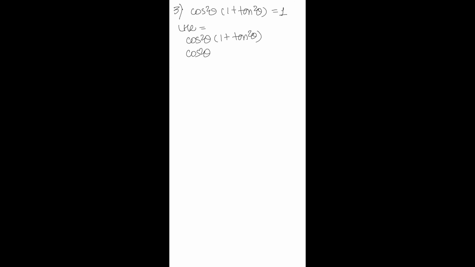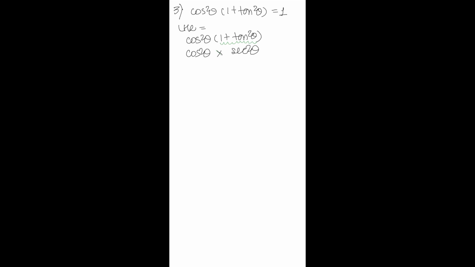Now 1 plus tan square theta. Once again, you can see the sheet if the formula is not clear. See the second identity: sec square theta is equal to 1 plus tan square theta. So in place of 1 plus tan square theta, you will write sec square theta.